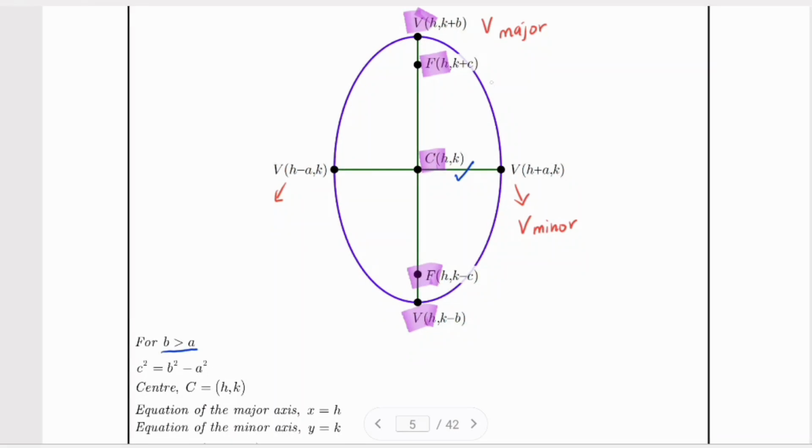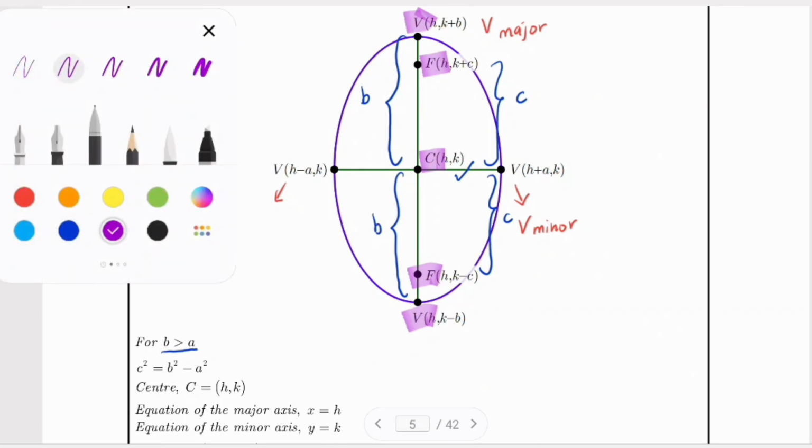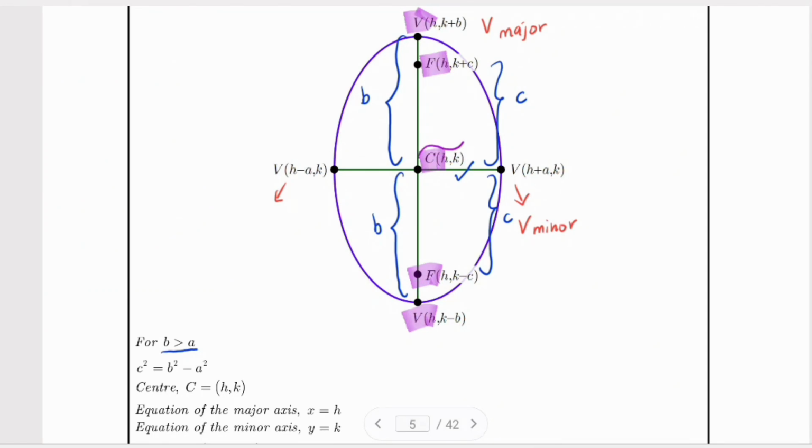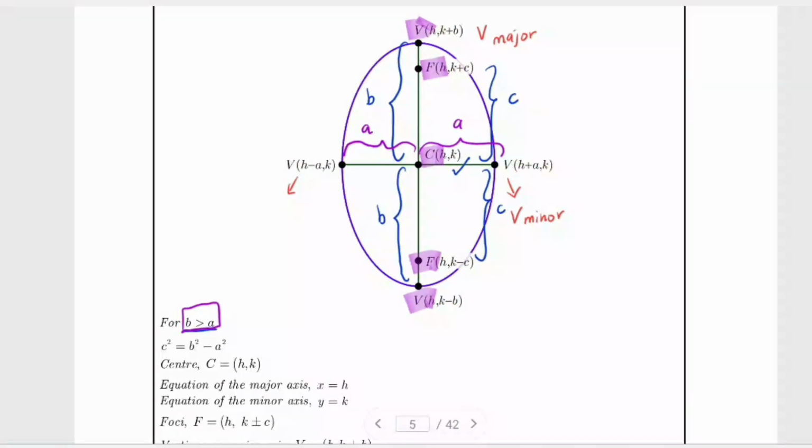The distance between center and foci is C, and the distance between V and center is B. Okay? So the distance between center and minor V is A. So if B is greater than A, the formula will be C square equals B square minus A square.